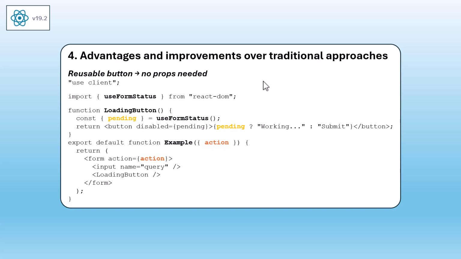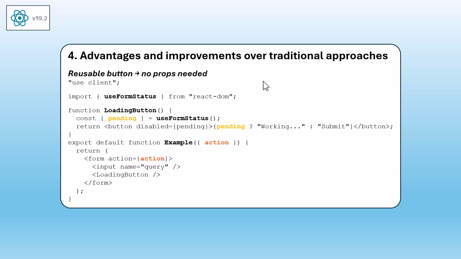4. Advantages and improvements over traditional approaches. Using useFormStatus brings several improvements compared to the manual state approach. It avoids the need to create multiple states to control loading, send data, errors, and so on, reducing complexity.